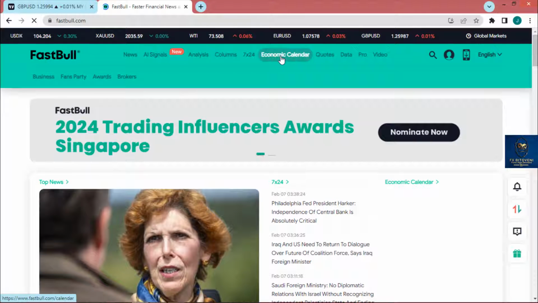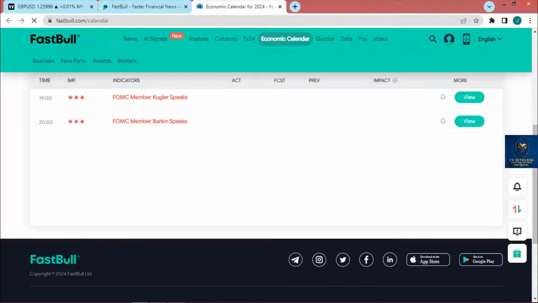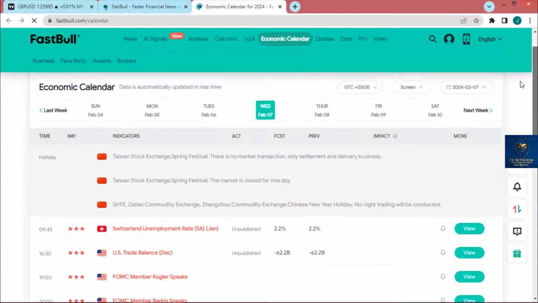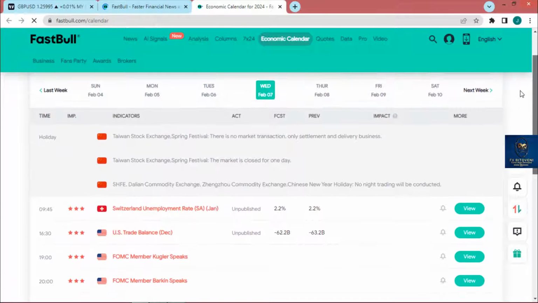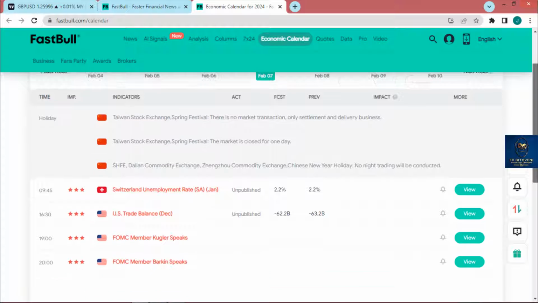Then go to the economic calendar here, guys. Then you will be checking the week, depending on the date. Make sure you check all the news you have within that week of trading.